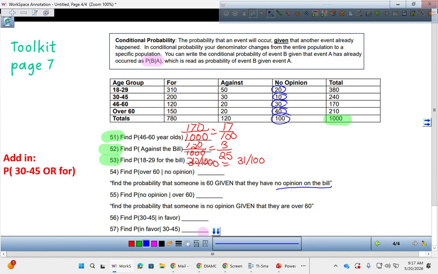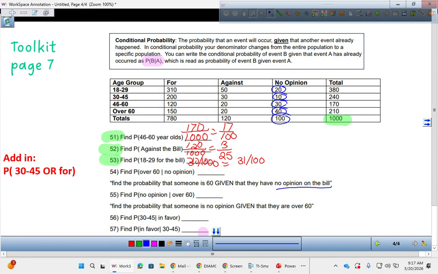The numbers for 54 that go into your fraction can only come from the blue circled numbers. I'm not going to use the 1,000 here. I am focusing in on the population of people that have no opinion. Of those people that have no opinion, now I want to look at the 60-year-olds. So the condition is met by looking at the blue stuff. Now I can do the other thing, which is look at the 60-year-olds, right?